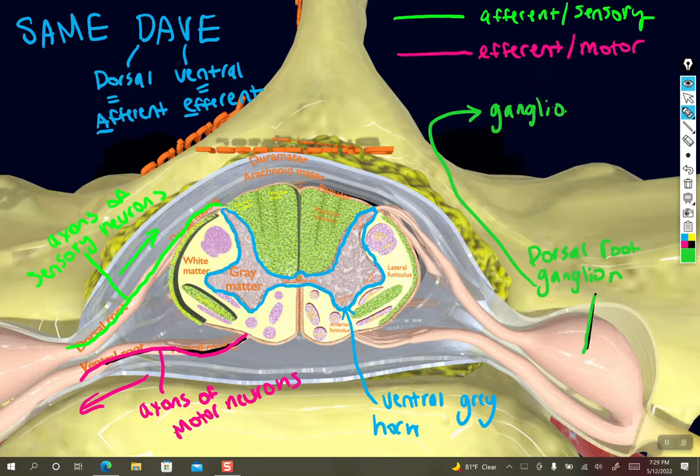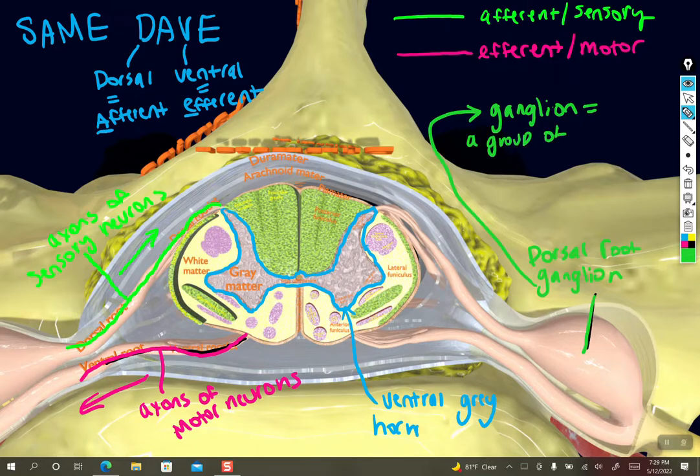So there's different terminology for the arrangements of cell bodies and axons in the central versus the peripheral nervous system. It's also important to remember that the brain and spinal cord are the CNS. Anything that's outside of the brain or spinal cord is peripheral nervous system. So a ganglion is a group of cell bodies, neural cell bodies.